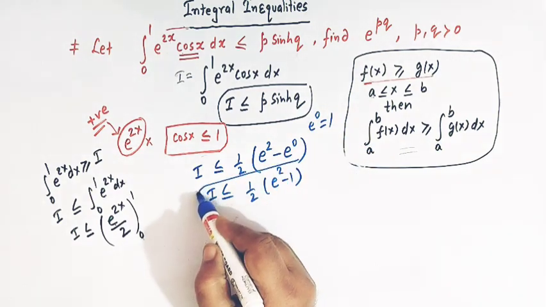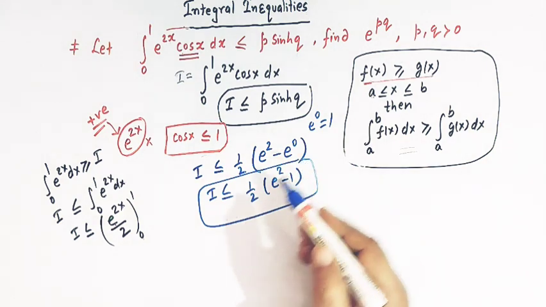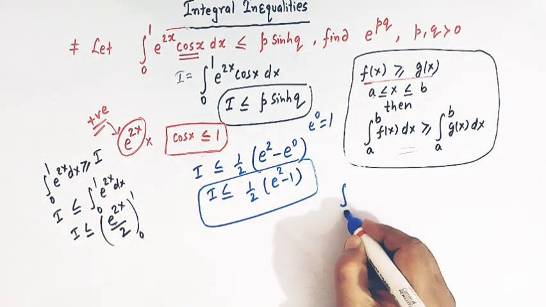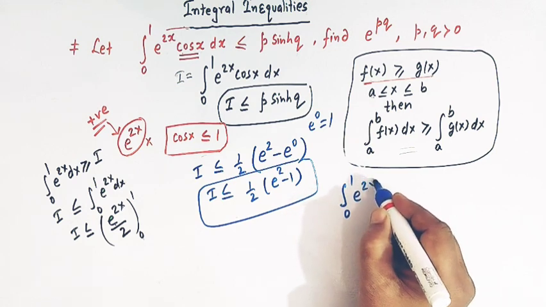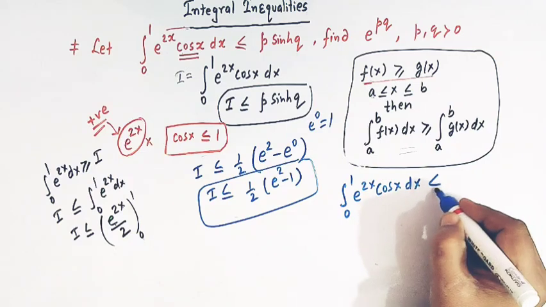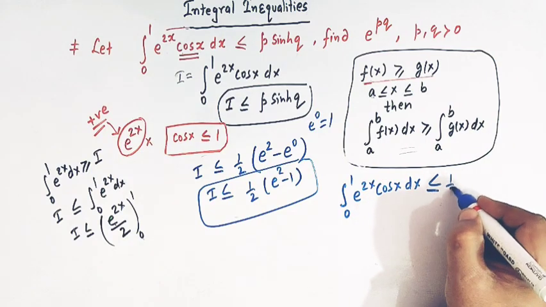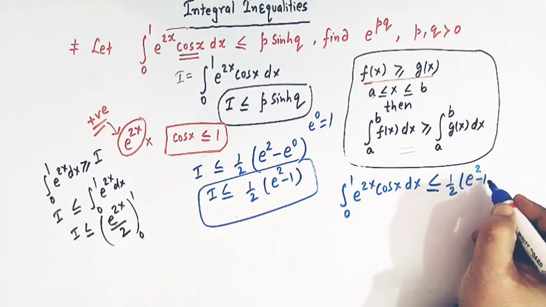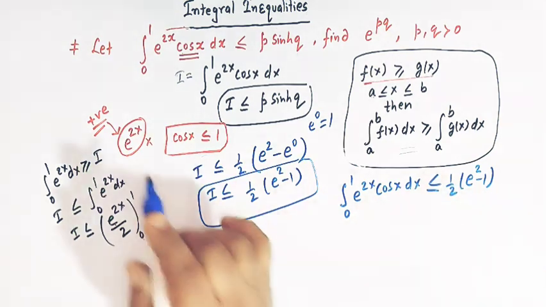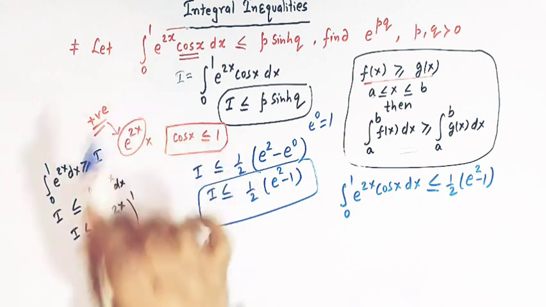So now we have obtained another important result, that is this integral, from 0 to 1 of e raised to 2x cos x dx, is less than or equal to half times e square minus 1, right? So this is another important result related to this integral.